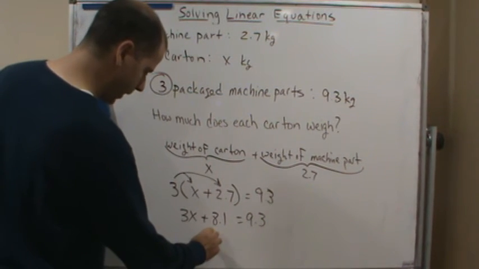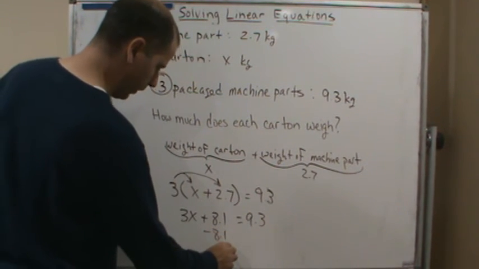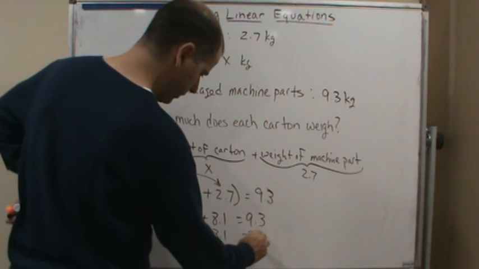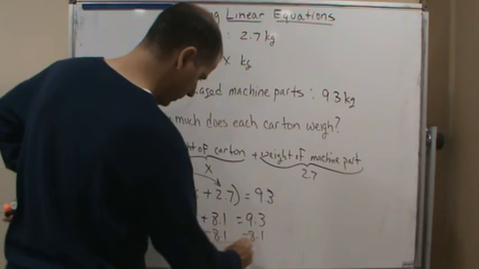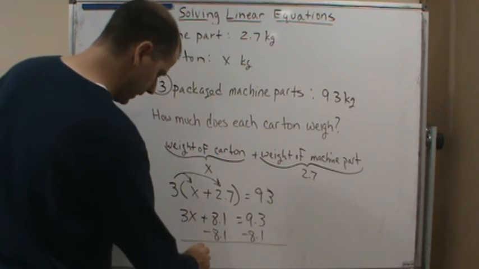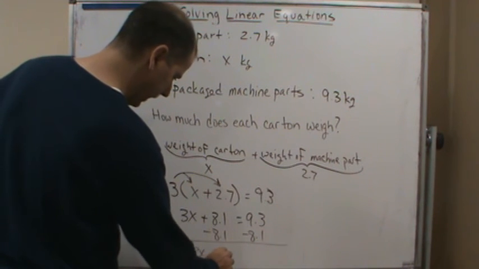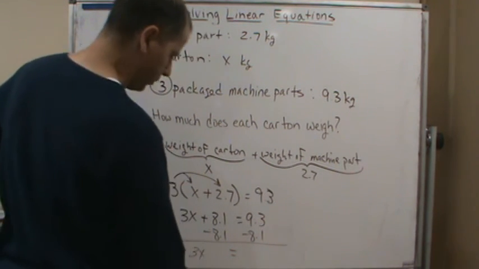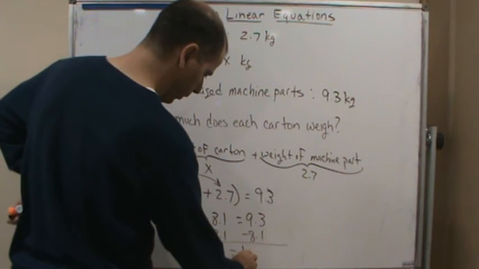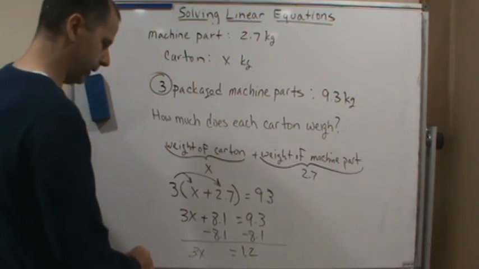And so if I subtract 8.1, now I get 3x is equal to 1.2.